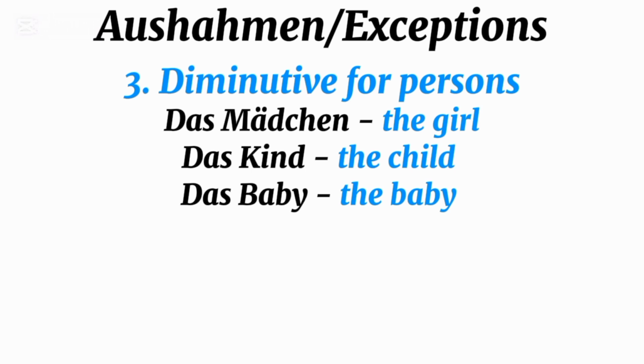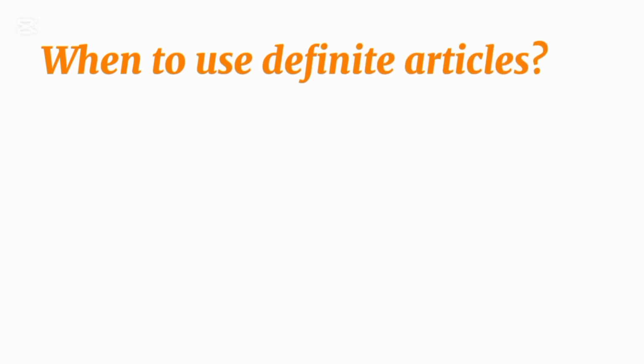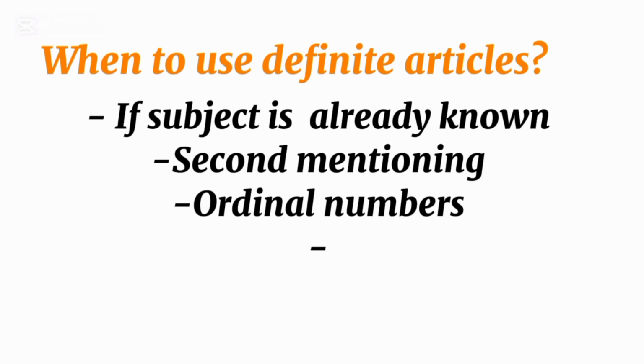Now, before we proceed, there is something I would like to mention. When are we using definite articles? When do you think we should use definite articles? One, the subject: if the subject is already known, if it has already been mentioned, that's when we use a definite article. The same way in English, you can say, this is a man. We have mentioned it for the first time.